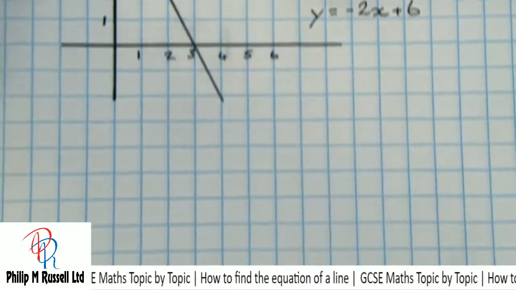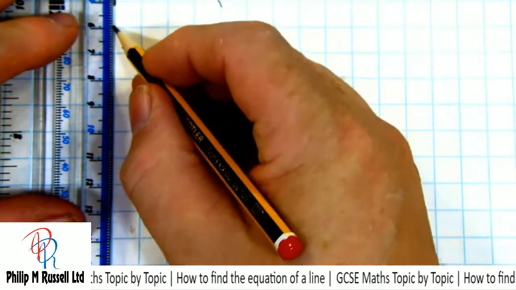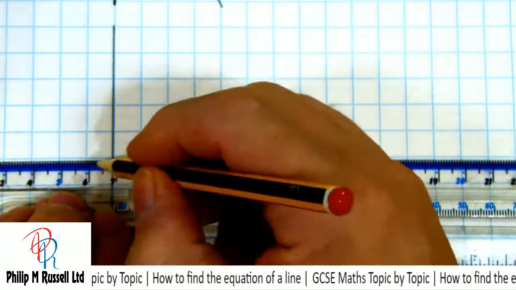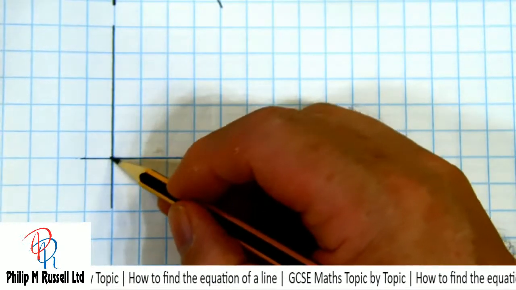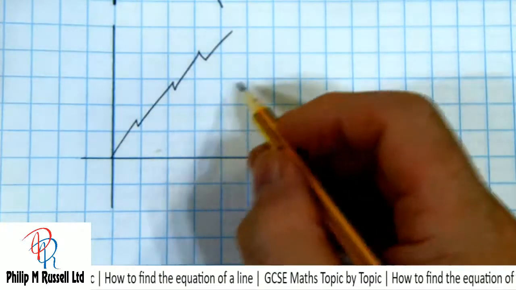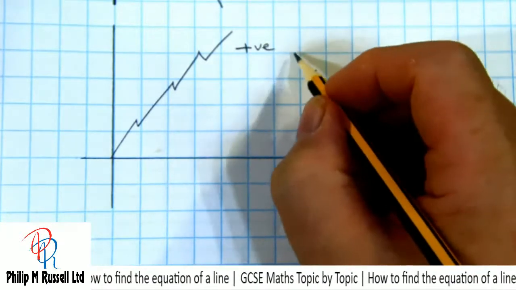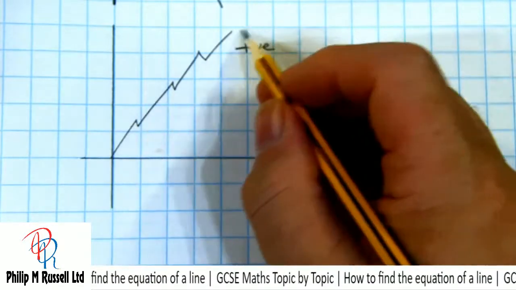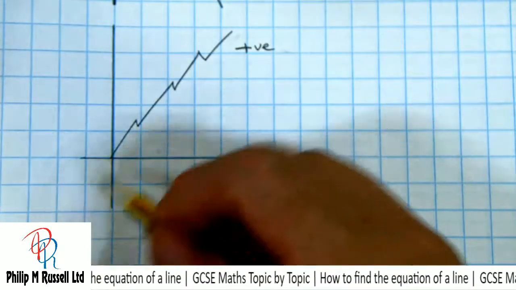Students ask me how can you easily work out which one is which, whether it's positive or negative, and that's really easy. If you're looking at a business and it's doing well, you might see it going on the up and up, and this looks very positive. We call it sometimes a positive correlation if we're drawing points up here, but this is a positive gradient.